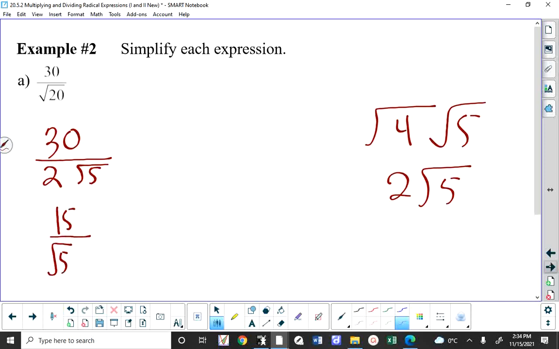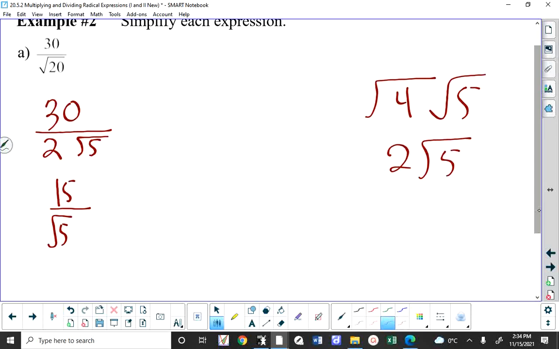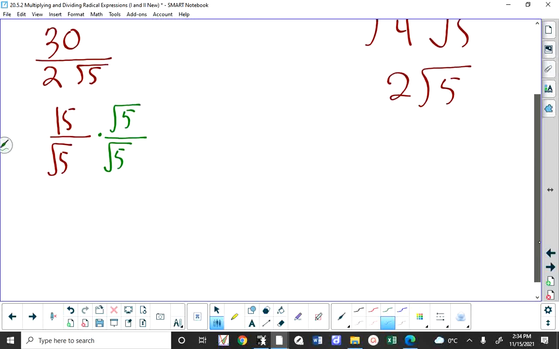Are we done? Well, we can't simplify any radical anymore, but we're not allowed to have a radical in the denominator. And you will never be told that from now on. You have to know. So how am I going to get rid of the root 5 in the denominator? I'm going to multiply the numerator by root 5 and the denominator by root 5 and get on the top.